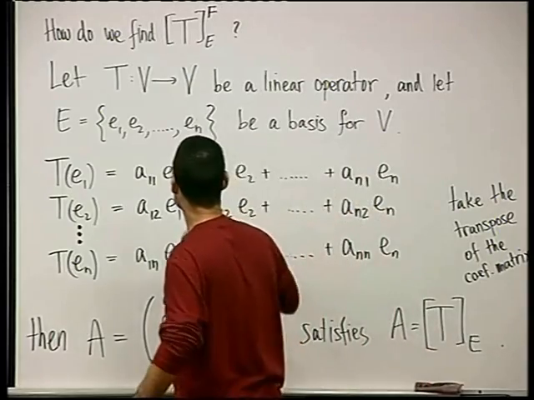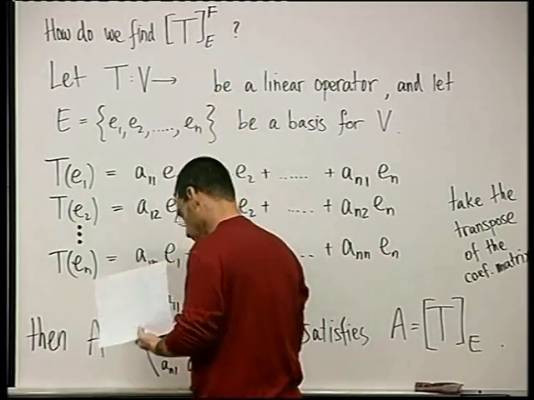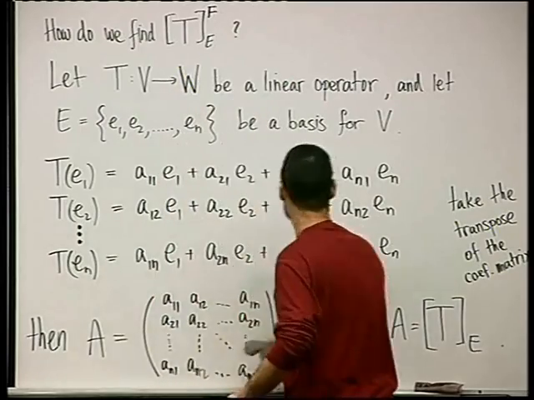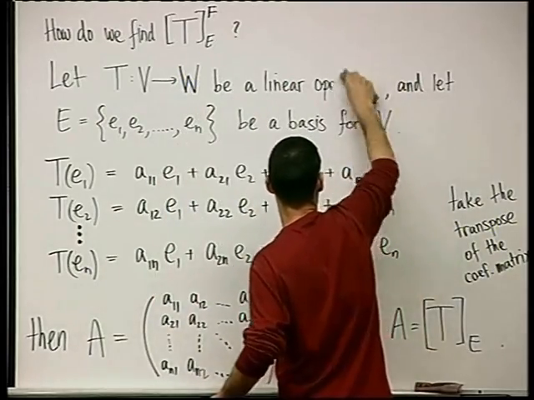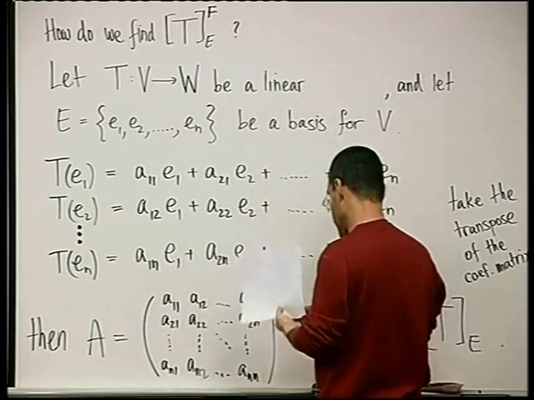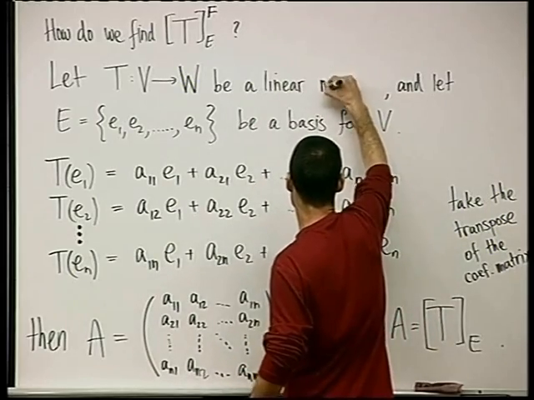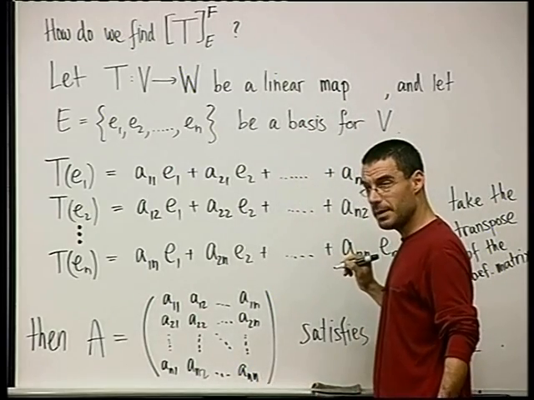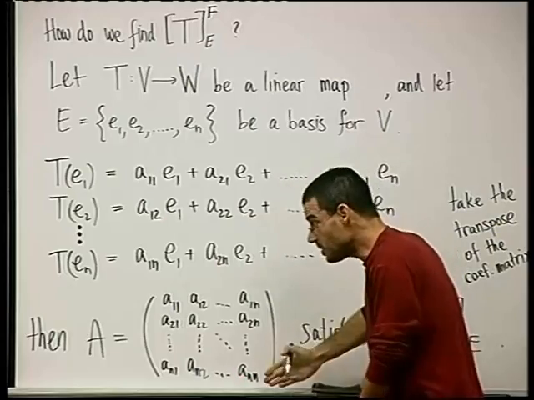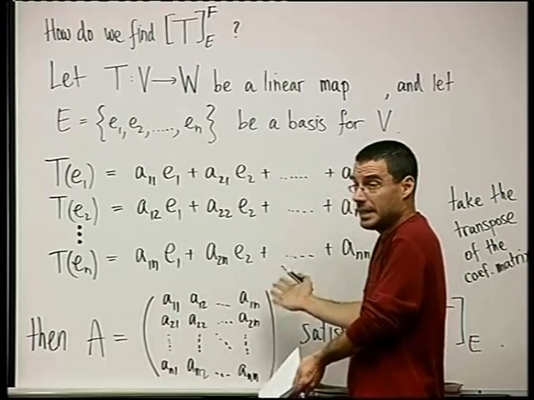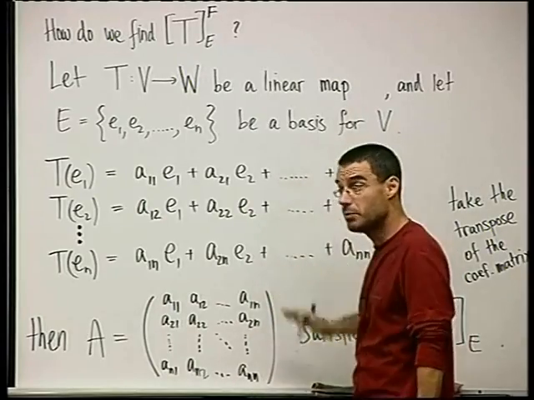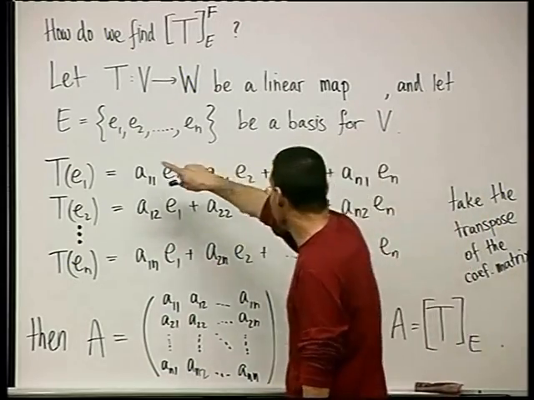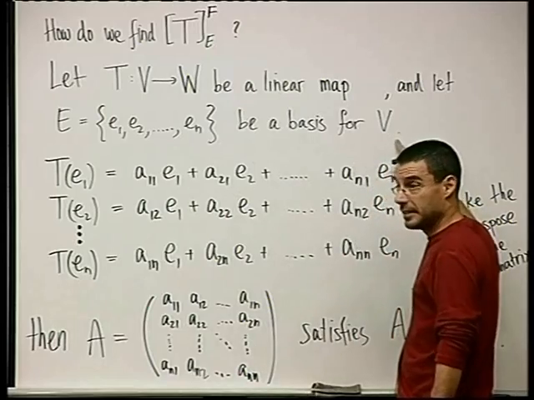So let T from V to W be a linear map. It's no longer a linear operator because it doesn't go from a space to itself. Everybody with me? What I'm trying to show you is that it's precisely the same idea. That's why I'm not taking the trouble to rewrite it, but rather just modifying it. And let E be a basis for V, but that's not enough now.